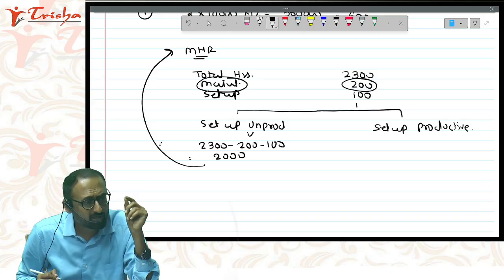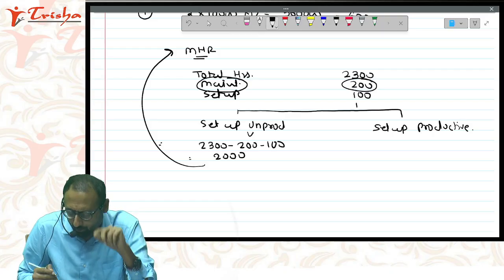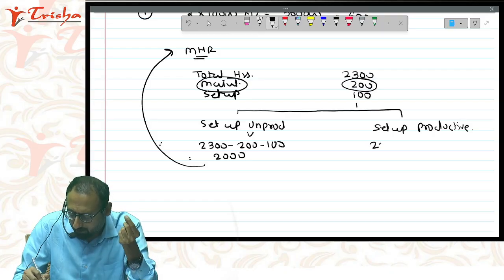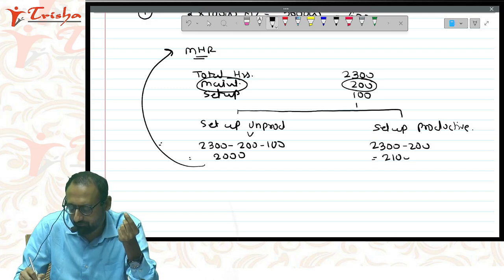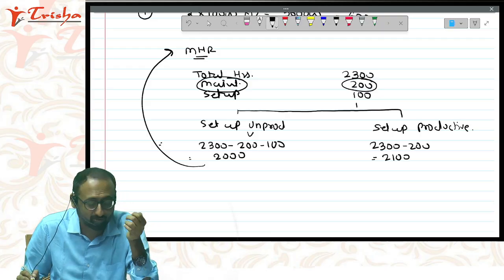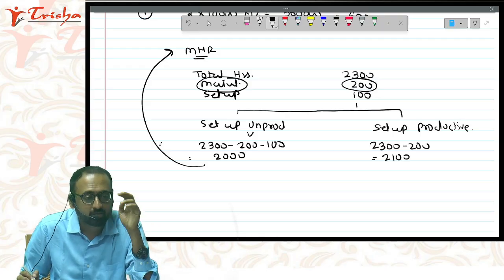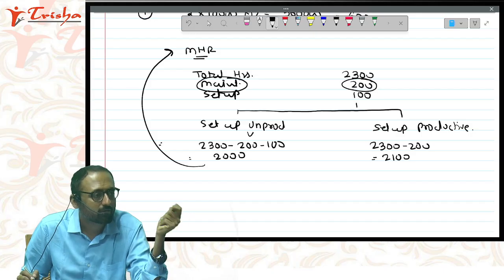But if it is given in a question that setup hours are productive, then effective hours will be 2300 minus 200 only. 2100 will be your effective hours. Is it clear to every one of you?